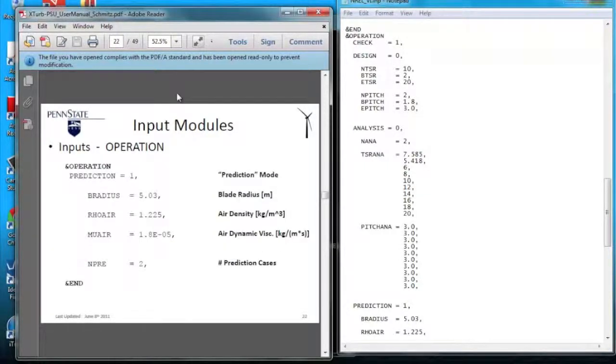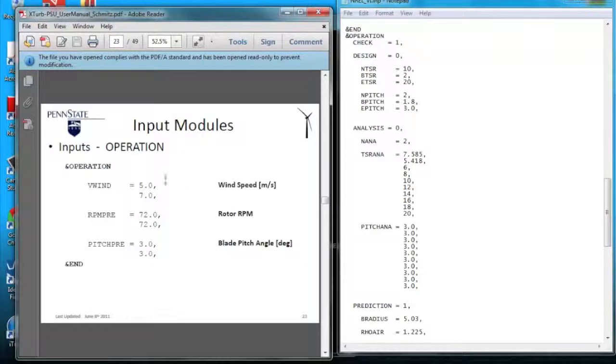Here in this case 2, so we're looking at wind speed of 5 meters per second and 7 meters per second. Rotor RPM in prediction mode was 72, and blade pitch setting is constant.